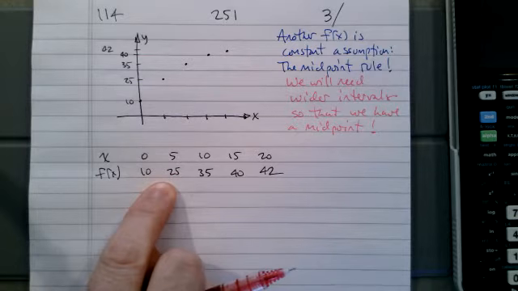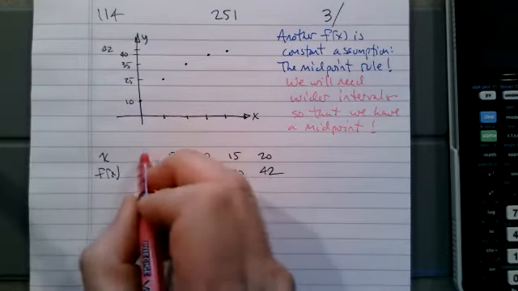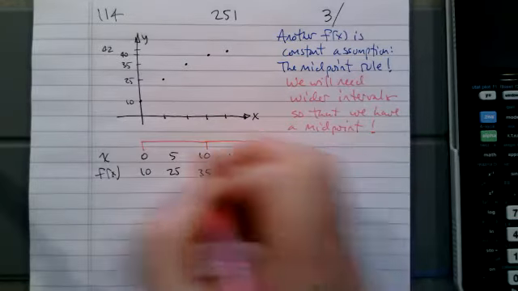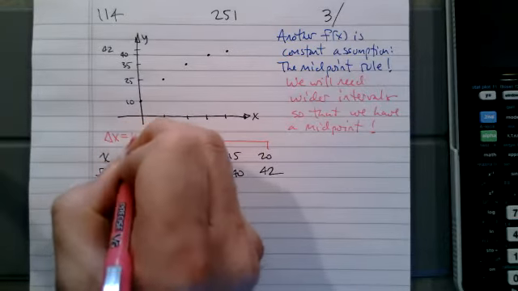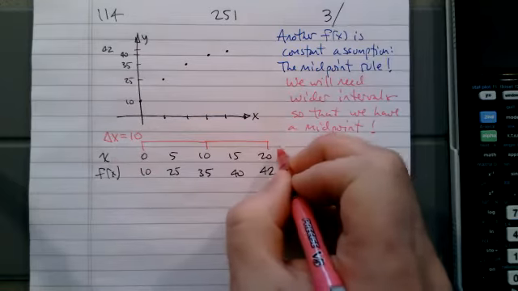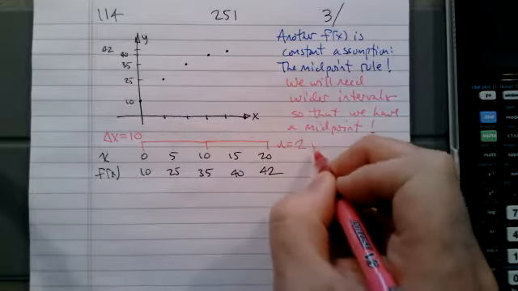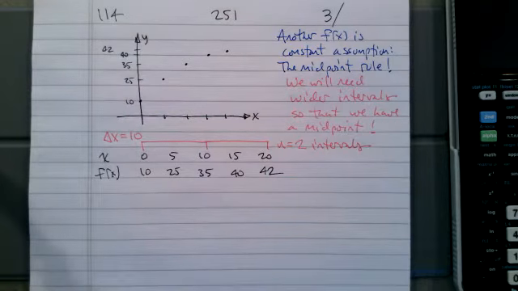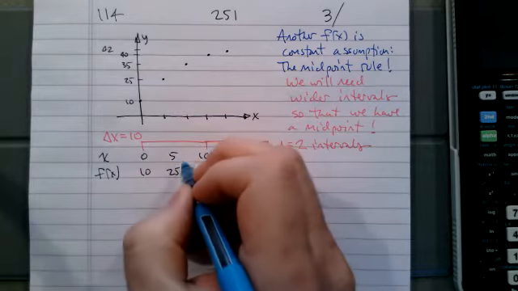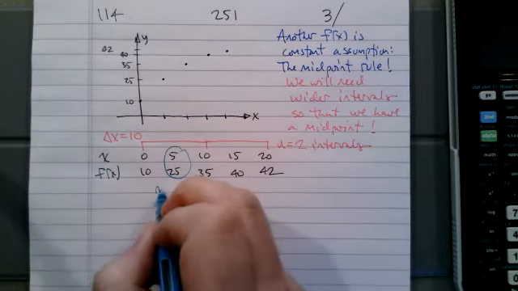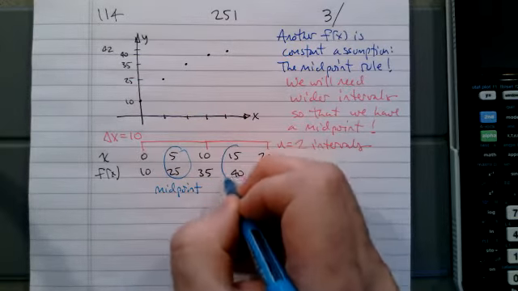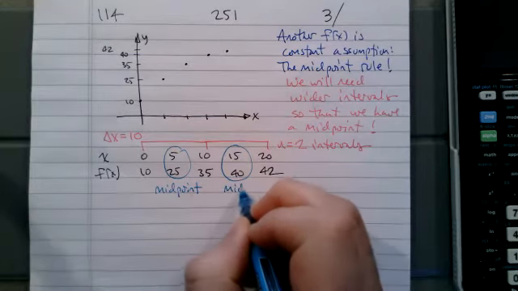But if I expand my delta x to be 10 and just use 2 subintervals, if I go n equals 2 intervals with a delta x of 10, then I do have a midpoint. There's a midpoint of the first interval, and there's a midpoint of the second interval.